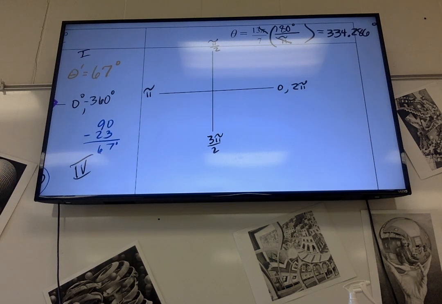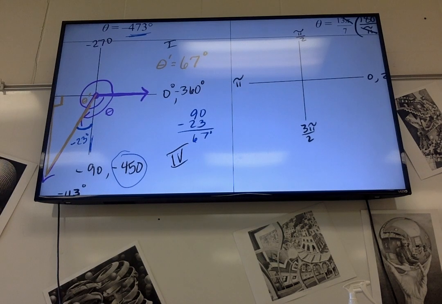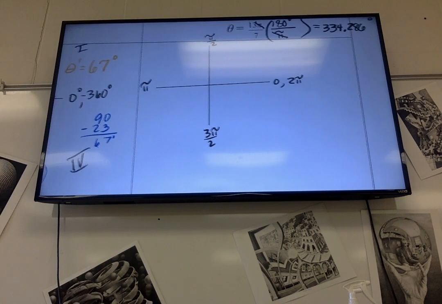But I can look at it and tell that 13 pi over 7 is not quite 2 pi, because 2 pi would be 14 pi over 7. So I know it's between 3 pi over 2, which is the same thing as 270, and 360 degrees.